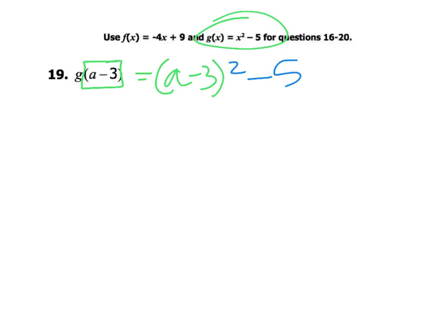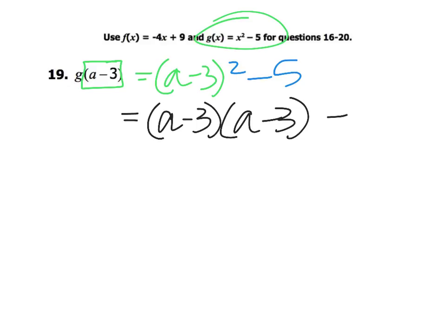That is a common mistake that I see all the time. Do not do this. For a minus 3 squared, the easiest way to remember what to do is to rewrite it. So what this means is it's a minus 3 times a minus 3. And then it's minus 5 at the end.